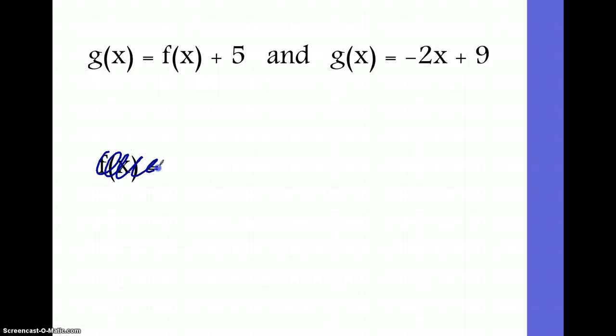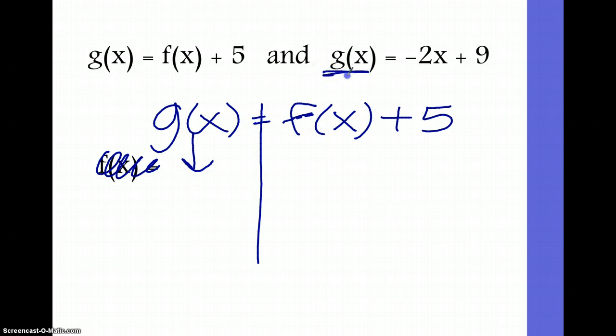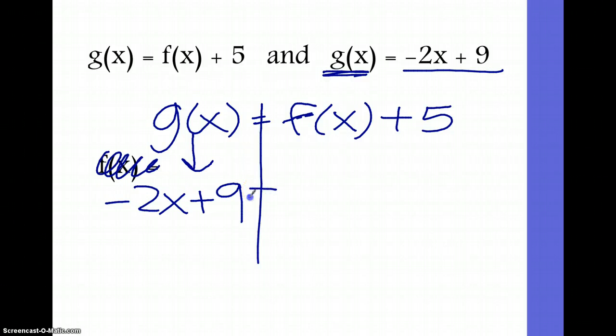I'm going to forget about that for a minute. We've got g of x equals f of x plus 5. On this one, we know g right here is negative 2x plus 9. Bring down my equal sign, bring down f of x, and plus 5.